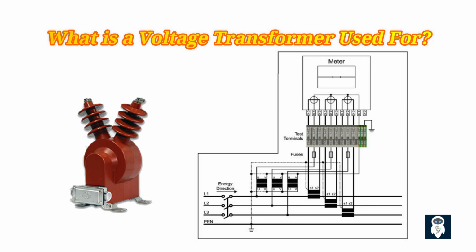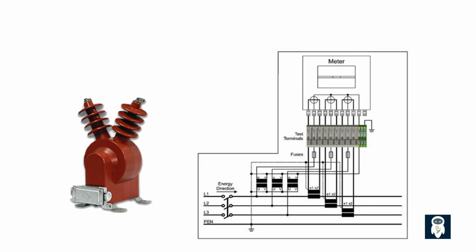Voltage transformers can provide electrical isolation between the high voltage side and the low voltage side. This isolation helps protect equipment and personnel from high voltage hazards and reduces the risk of electrical shocks. 5. Testing and calibration. Voltage transformers are used in laboratories and testing facilities to generate precise and controlled voltage levels for equipment calibration, testing, and research purposes.